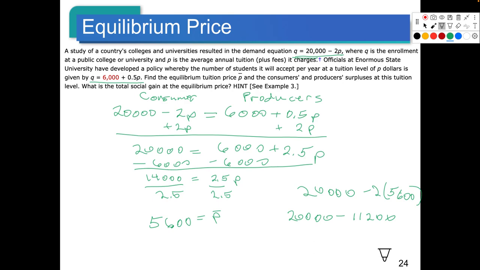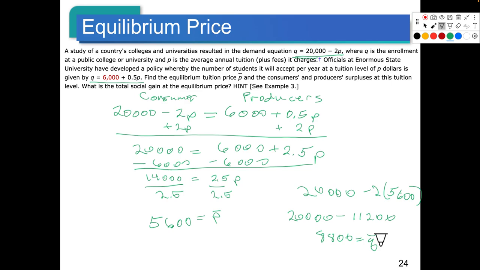And so that means it's about 8,800. So that's the number of students, that's the demand, that's the Q bar that we should get.